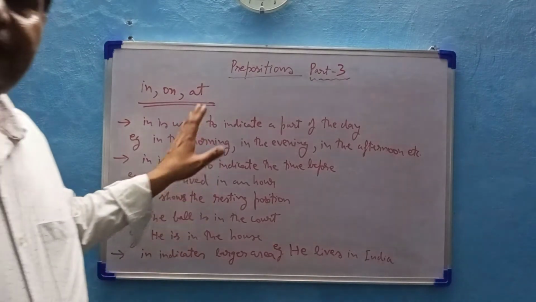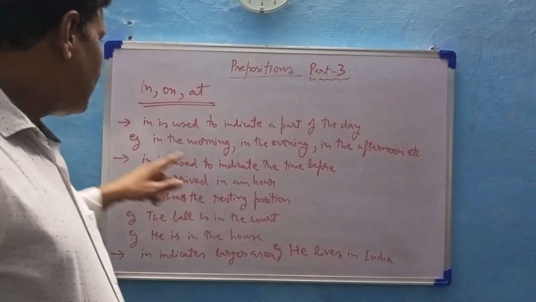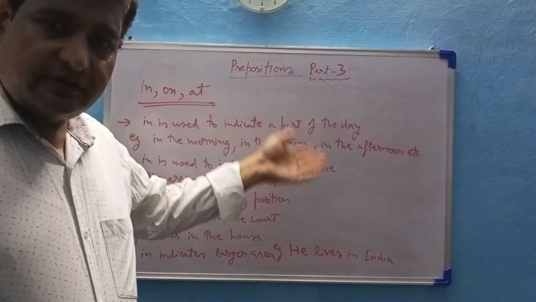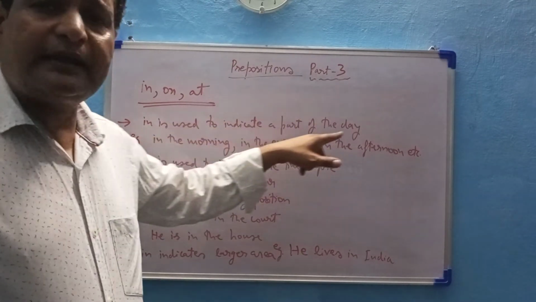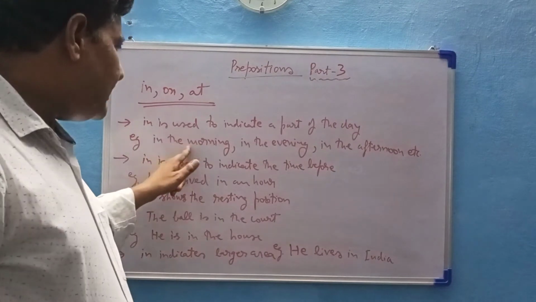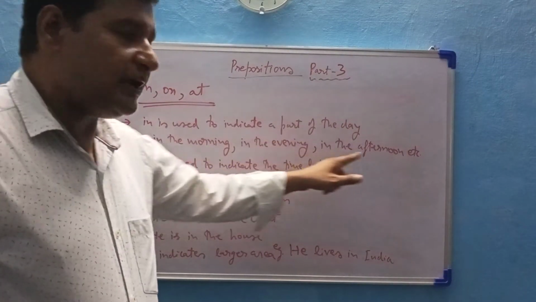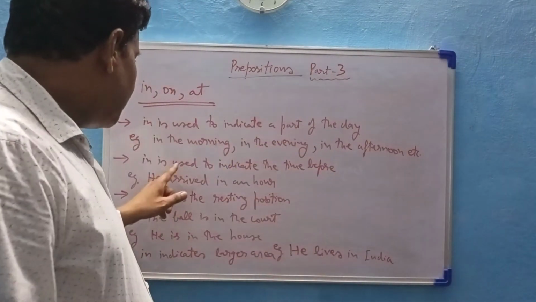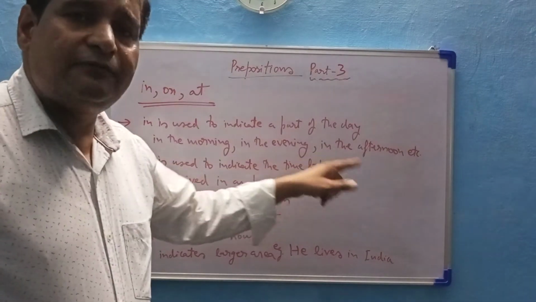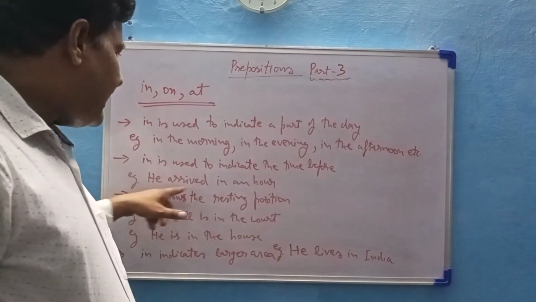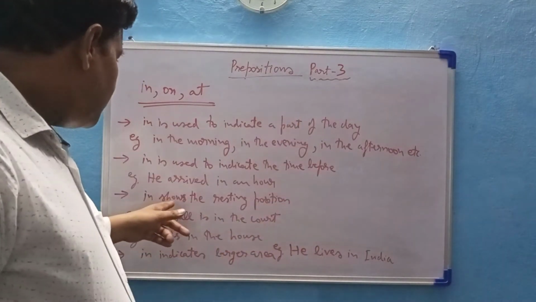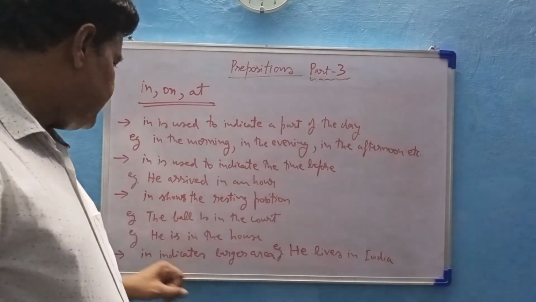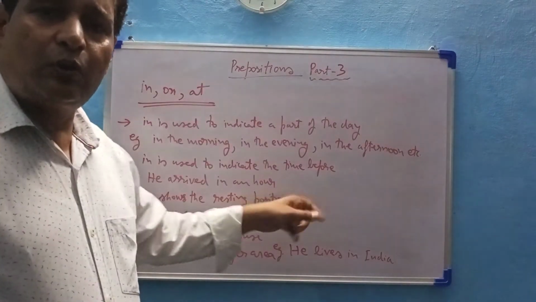So these are the various uses of in. Let us revise what we have understood. In is used to indicate a part of the day: in the morning, in the evening, in the afternoon. In is used to indicate the time before. He arrived in an hour. That means before time. In shows the resting position. The ball is in the court.